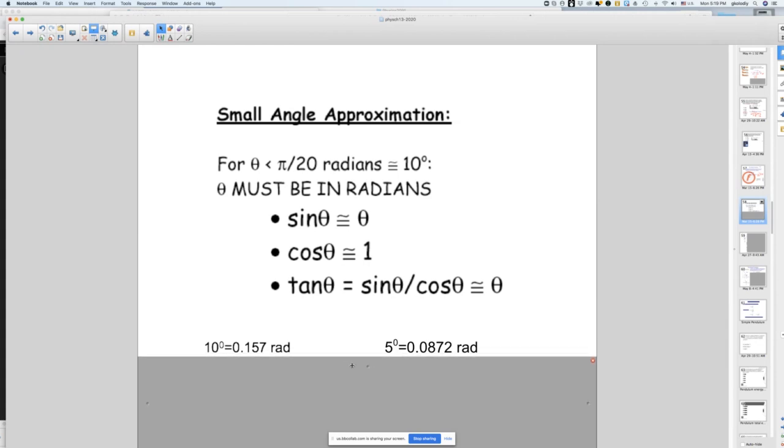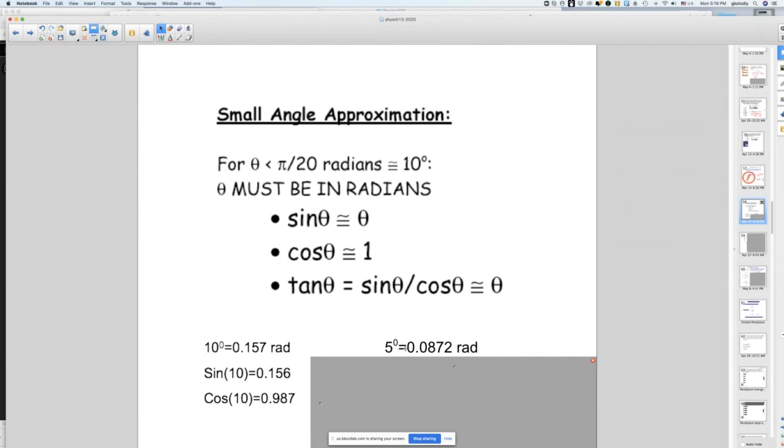So let's do it for 10 degrees. Now 10 degrees is 0.157 radians. If I find the sine of 10 degrees, I find that it is 0.156, almost the same. And the cosine is almost 1. Well, let's make the angle even smaller. How about 5 degrees?